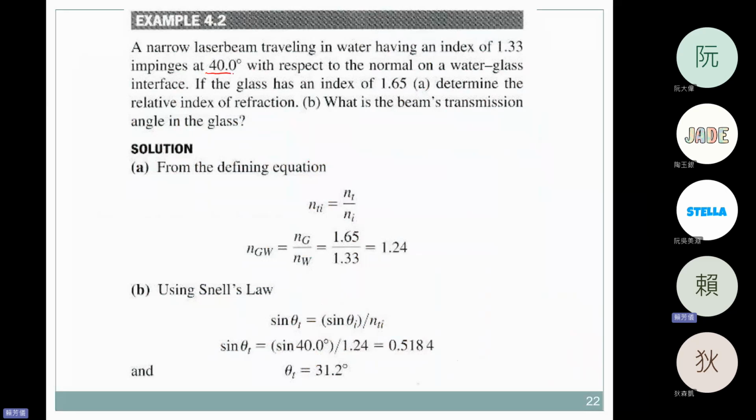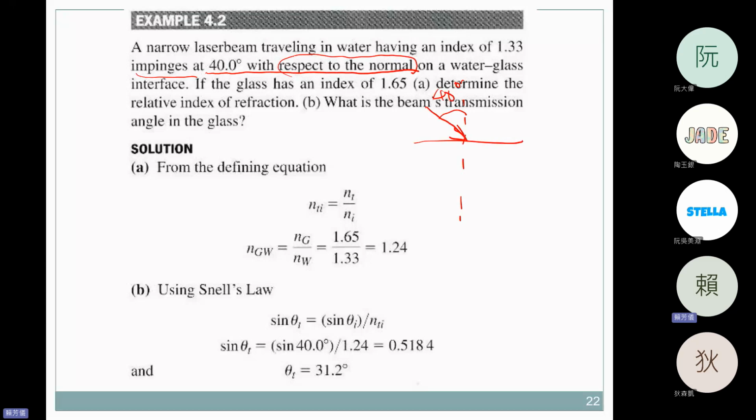You can see here, this impinging angle is with respect to the normal, so this is the incident angle.